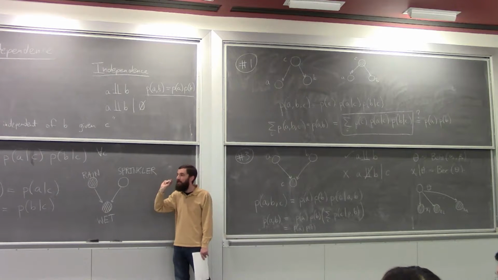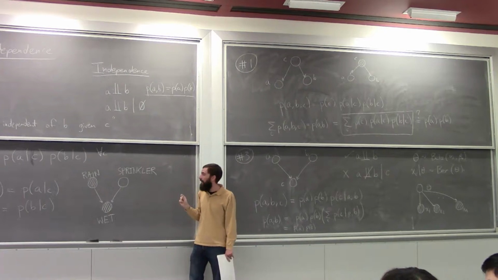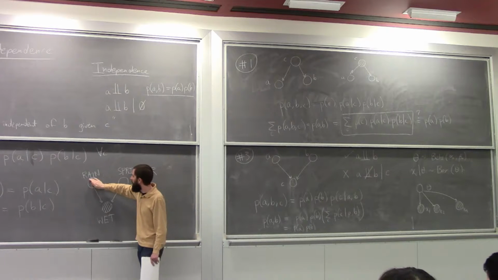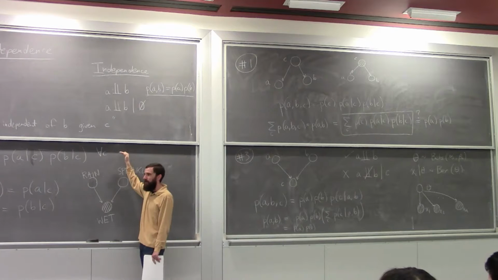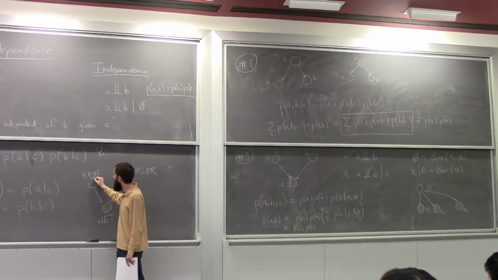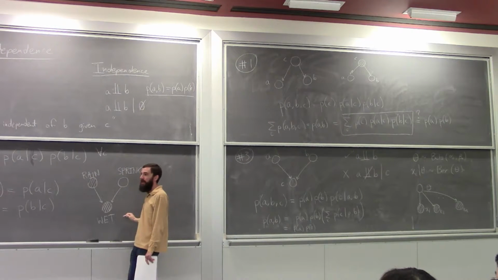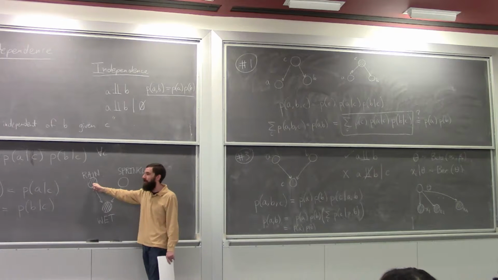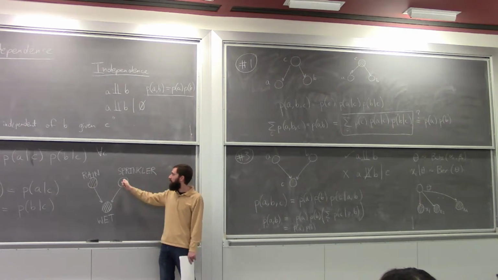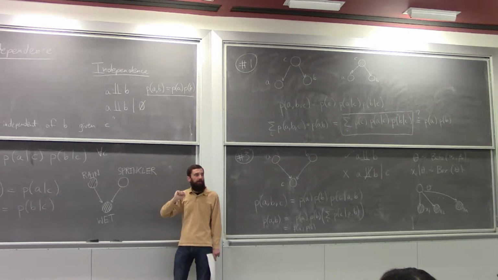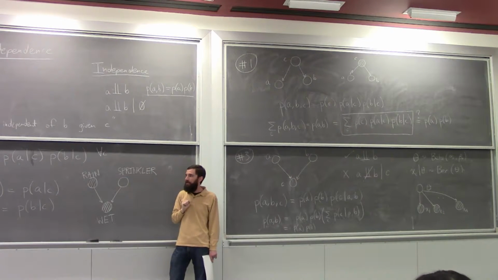Yeah, you want to decrease, exactly. So in this picture, I already increased my sprinkler chance by the wet grass. But then if I tell you it's raining, I'm going to bring my sprinkler chance back down because rain has explained maybe why it's wet.